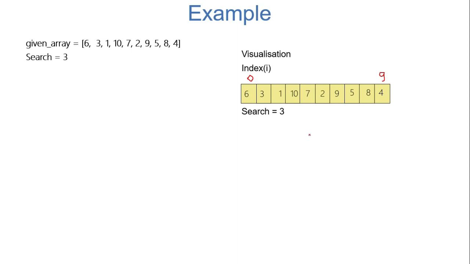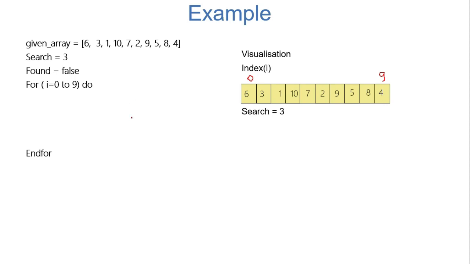So how does the program look? First, we initialize found as false. We will read the given array starting from the first index, which is index 0, up to the last index. There are 10 elements, so for this, we need to use a for loop. After that, we will compare whether our search equals the given array at index 0 or not.